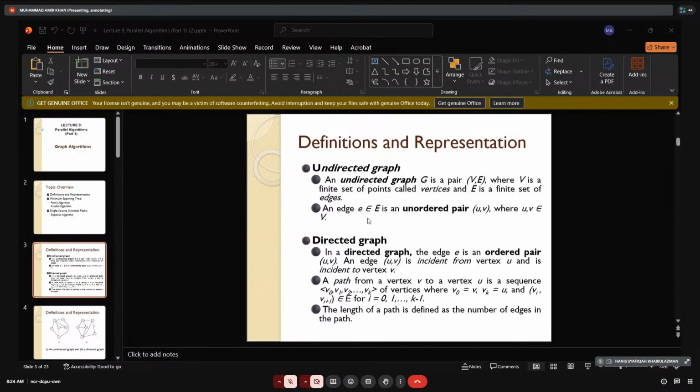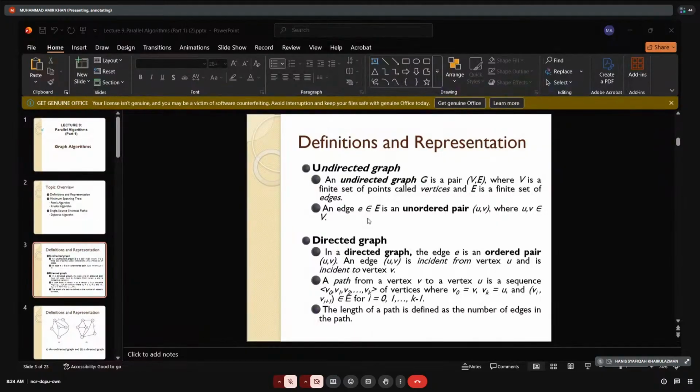We'll see in the next slide how we represent the graph, undirected and directed. In a directed graph, the edge e is an ordered pair (u, v), and edge (u, v) is incident from vertex u and is incident to vertex v.